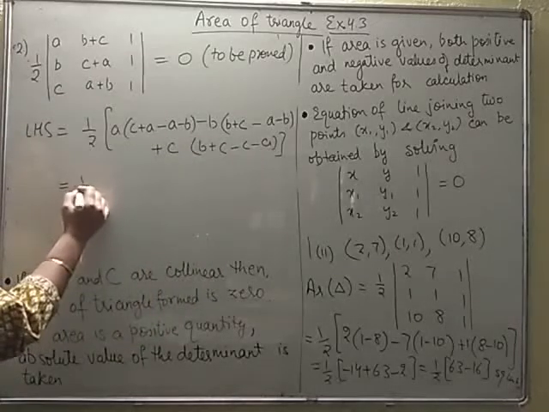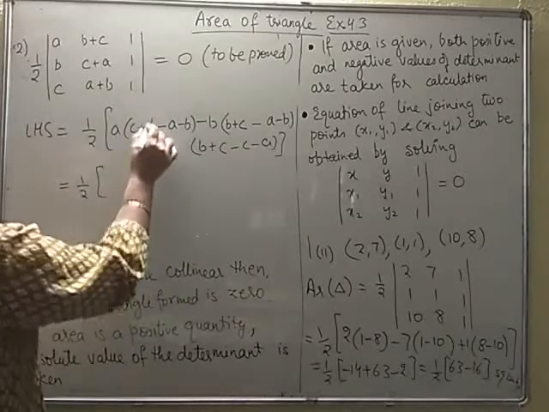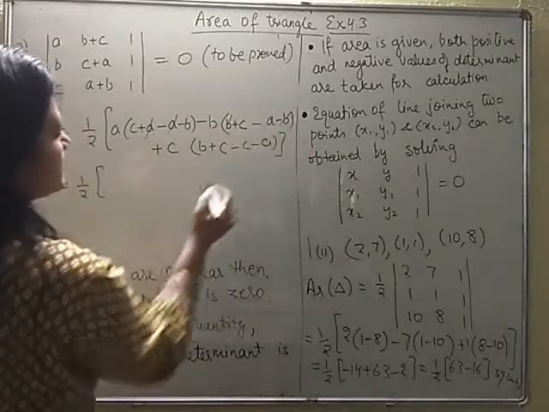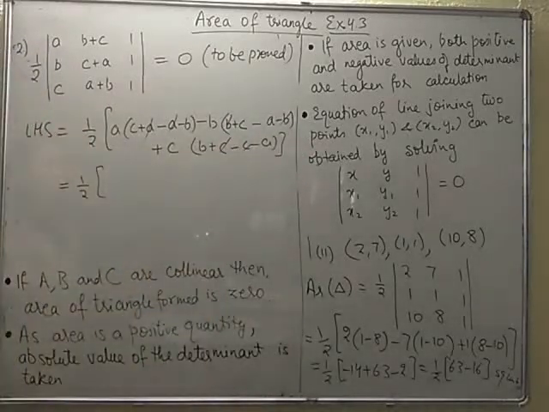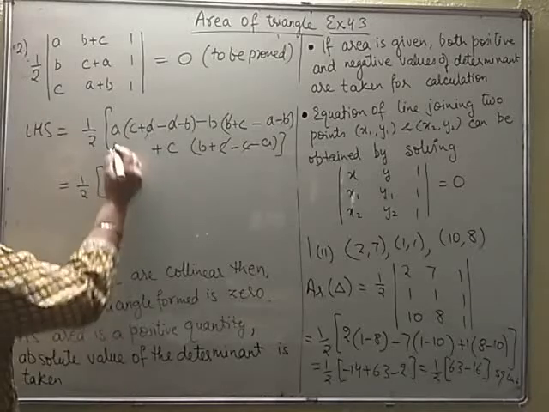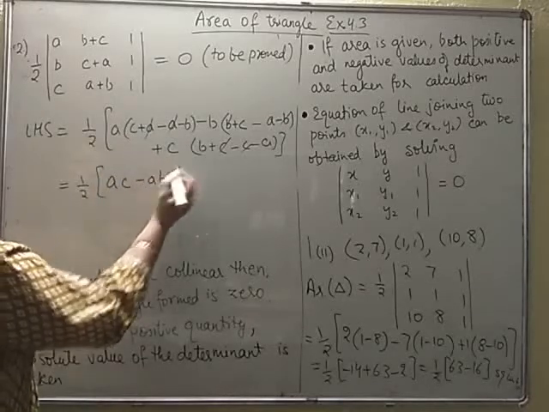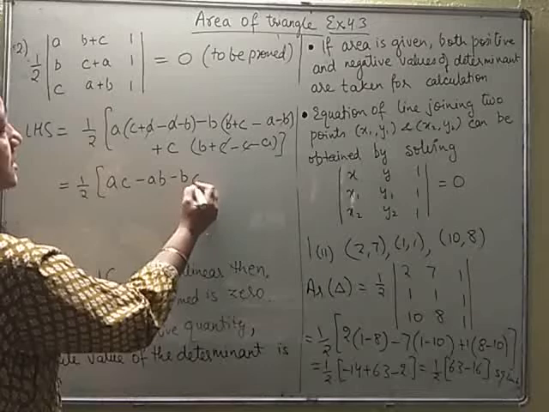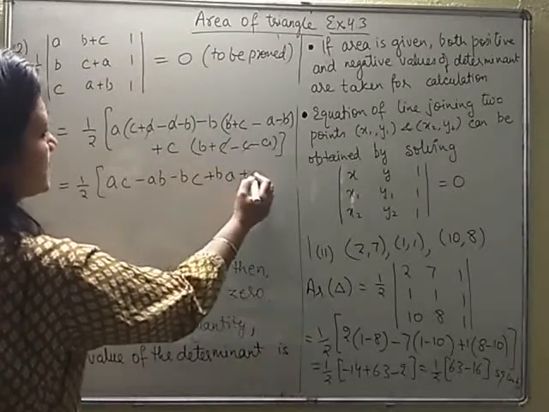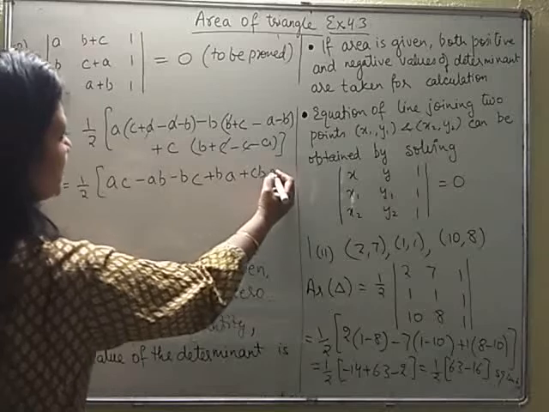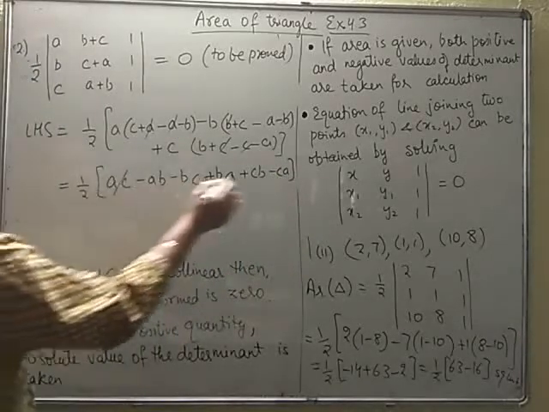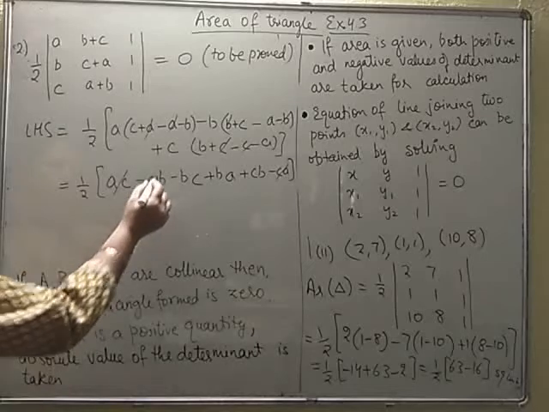So you quickly check whether it reduces to 0 or not. Here A and A are getting cancelled out. In this expression it is B which gets eliminated. Here C gets eliminated. I am going to expand the entire thing. So A into C, then minus A into B, then minus B into C, and we get plus BA. This gives us plus C times B and then minus C times A. So this plus AC and minus AC gets eliminated.